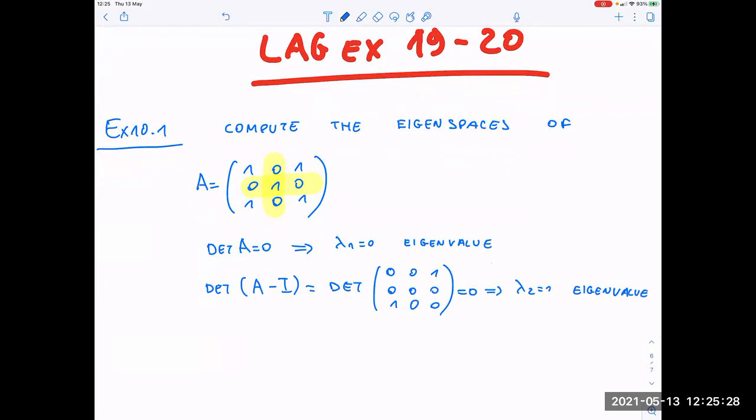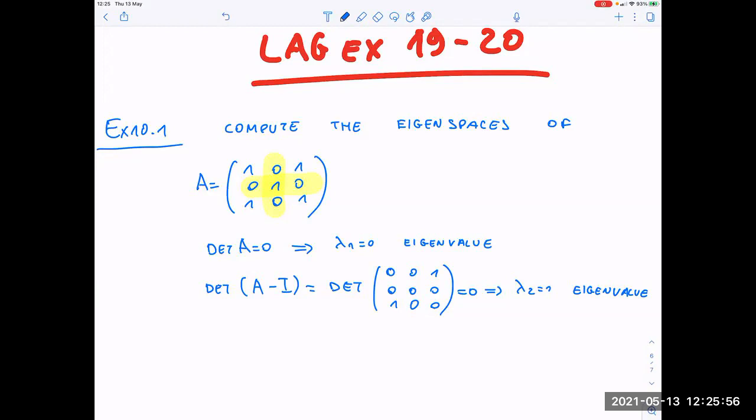Right? But in principle, since the dimension is 3, we could be missing one eigenvalue, right? And actually, some of you found the eigenvalue which is missing, which is 2. How can you find it? Well, you compute the characteristic polynomial and you solve it, finding the roots.